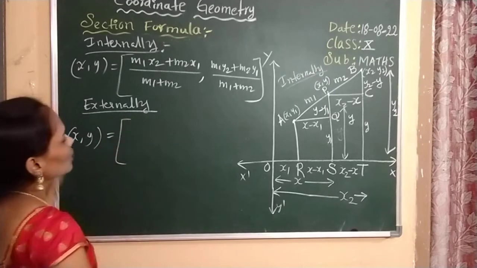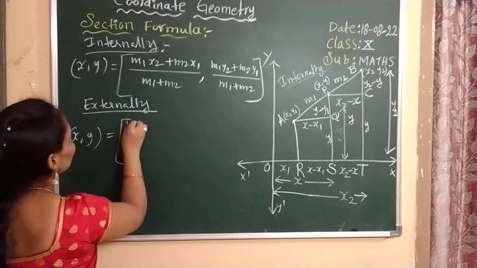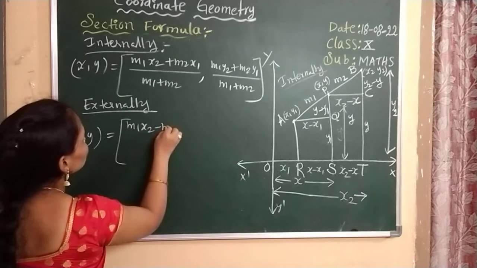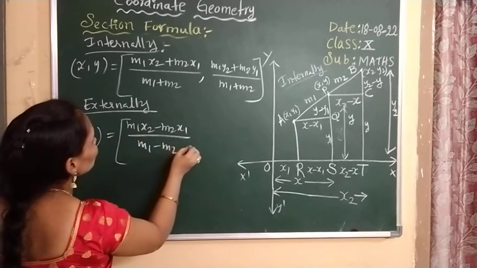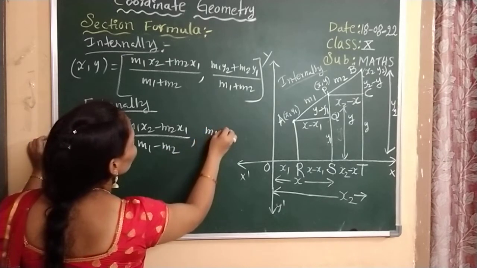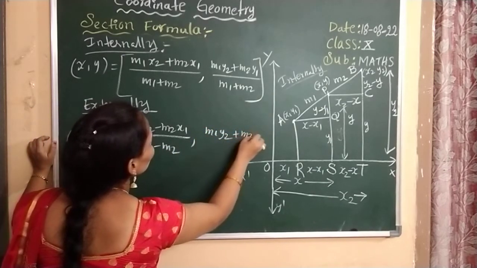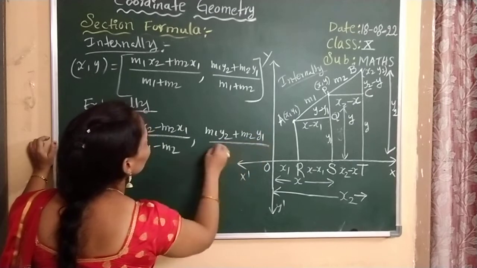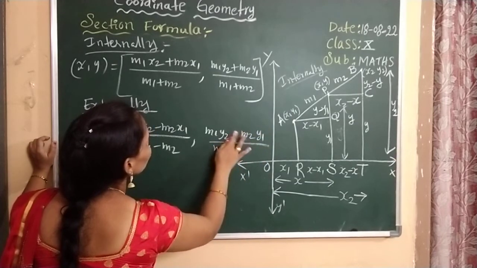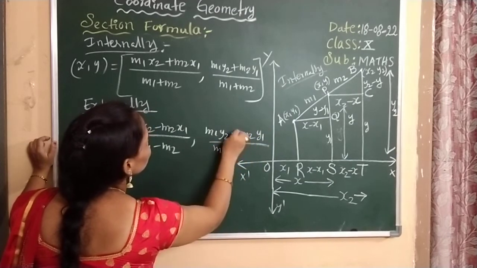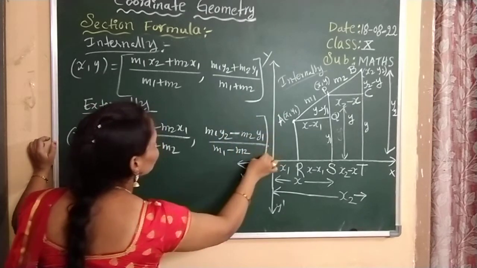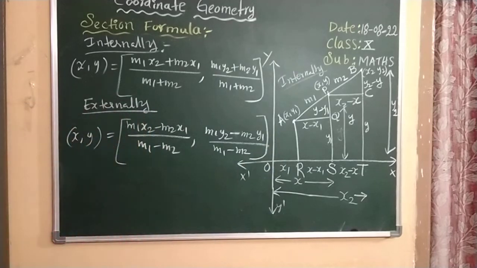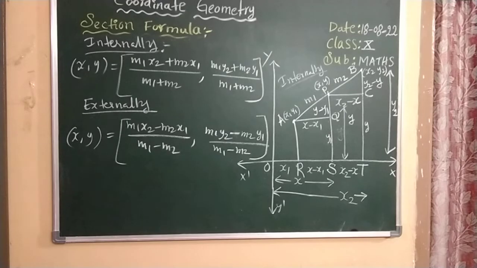Internally means plus will come, externally means minus will come. x is (m1 x2 minus m2 x1) divided by (m1 minus m2), and y is (m1 y2 minus m2 y1) divided by (m1 minus m2). This is externally. Just a symbol will change, remaining as it is.